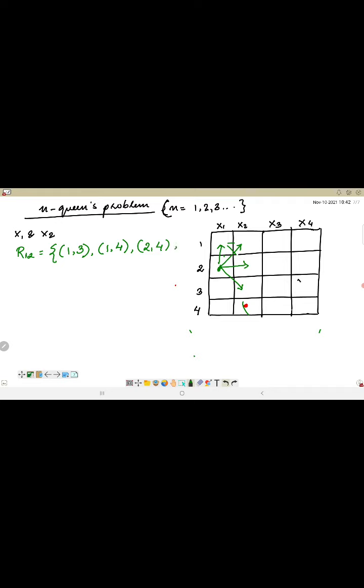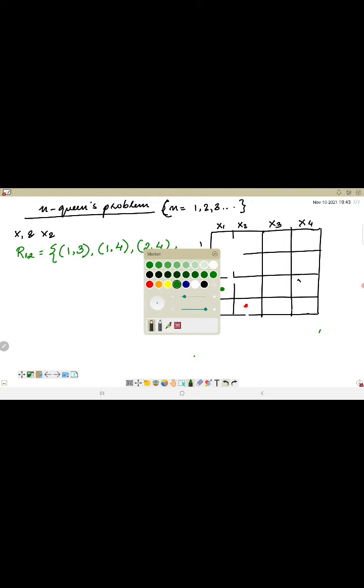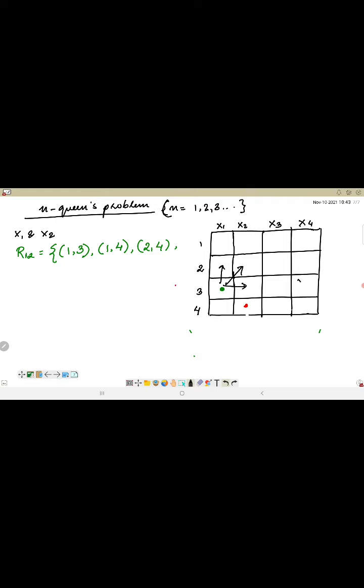Now if I place x1 in the third block, what will happen? Let me rub this first. All right. Now if I'm placing x1 in the third block, it can move in this direction and this direction.